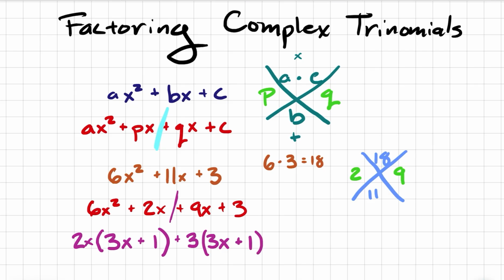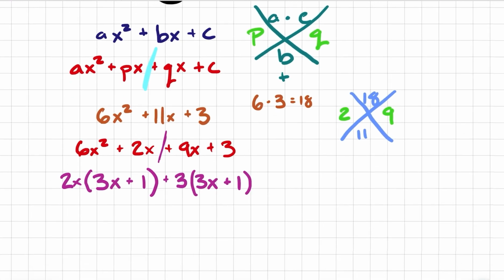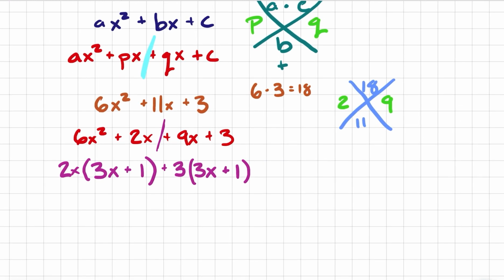Now I have it factored out like this, but I need to take another step. I have it partially factored by grouping. I need to fully factor it by grouping. Because these two parentheses are the same, I can rewrite it down below, and I'm only going to write it once.